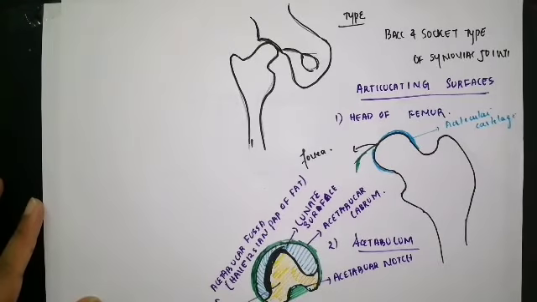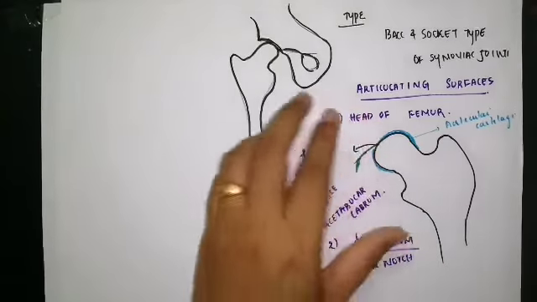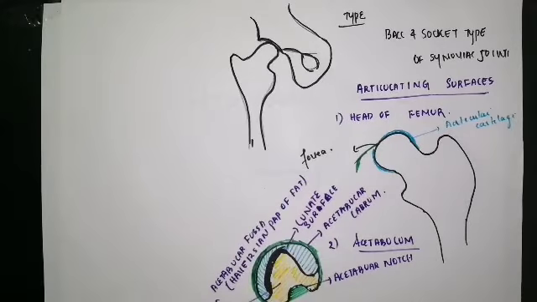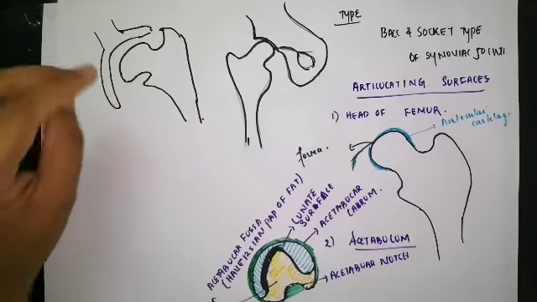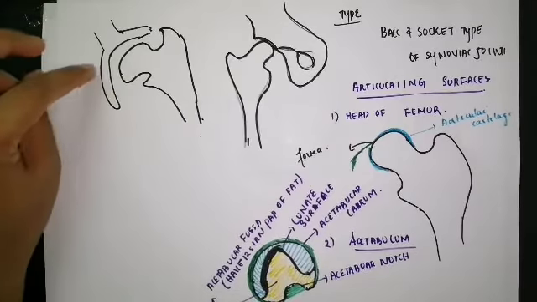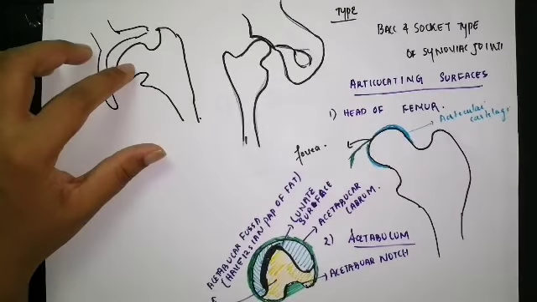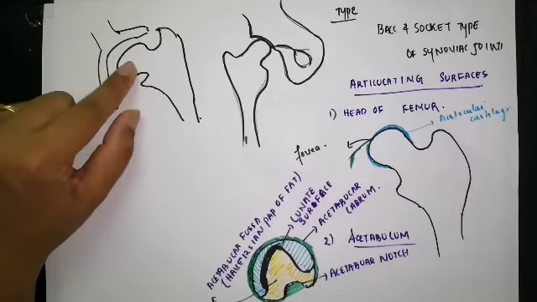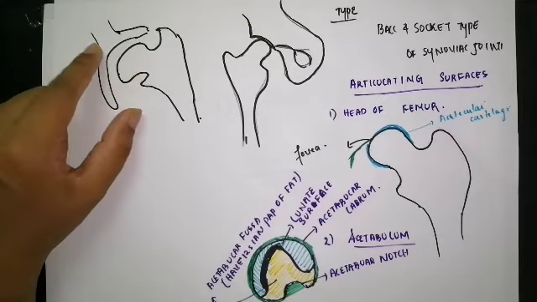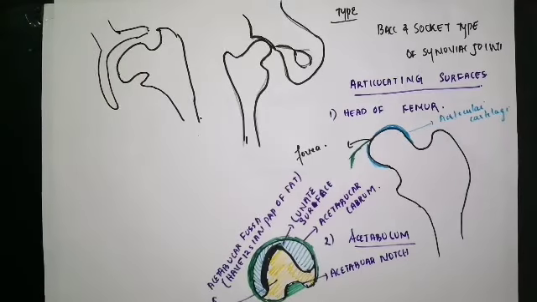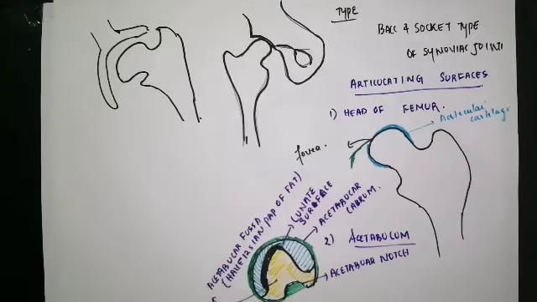So you have learned about the articulating surfaces, that is the head of the femur and also the acetabulum. And see the picture here. So this is a side view of the acetabulum and the femur. We know that the head of the femur is articulating with the acetabulum. Now you know that not all the parts of the acetabulum will articulate with the head of the femur.